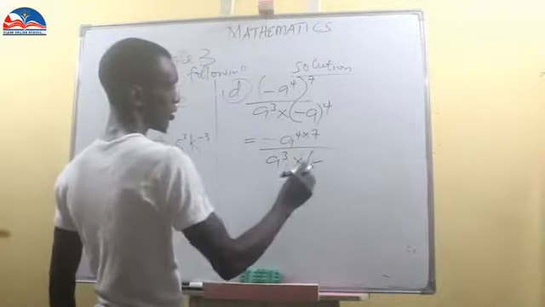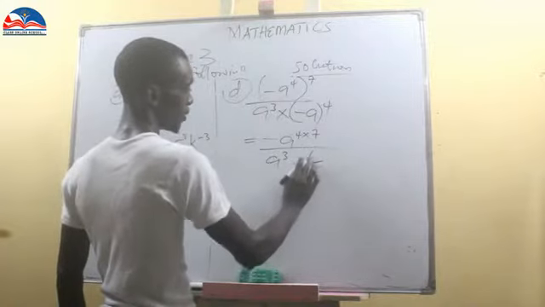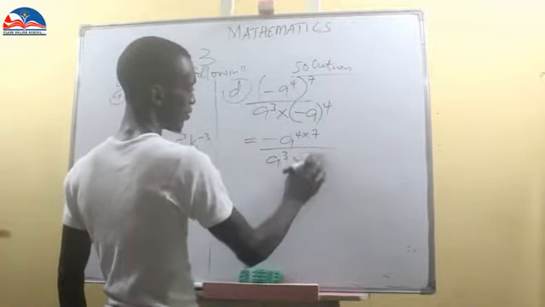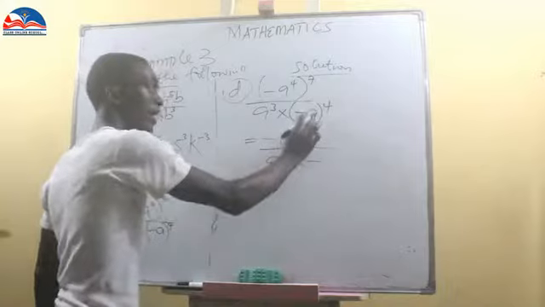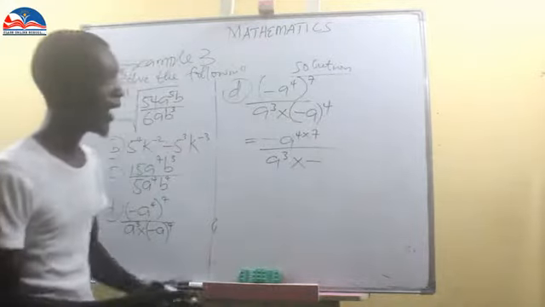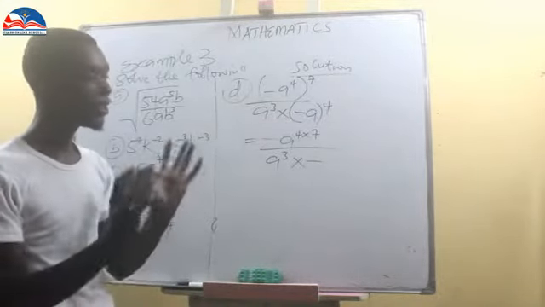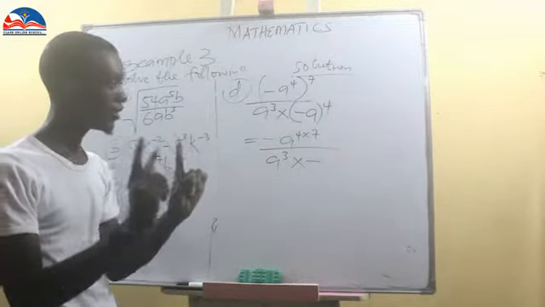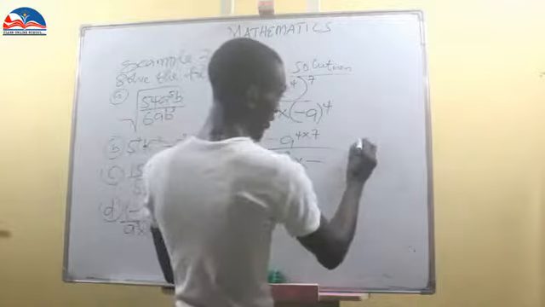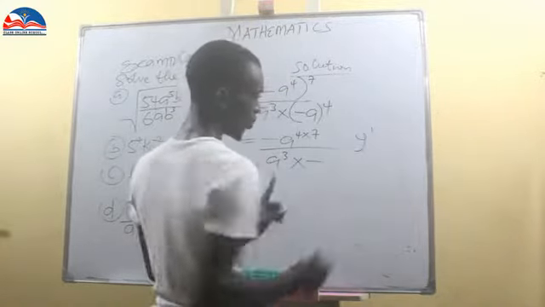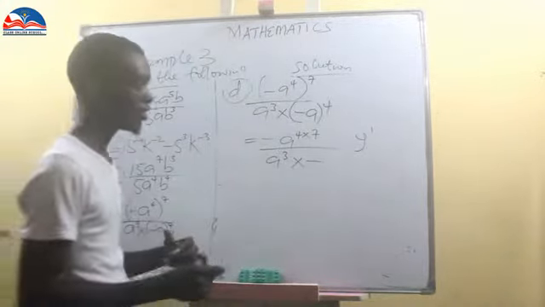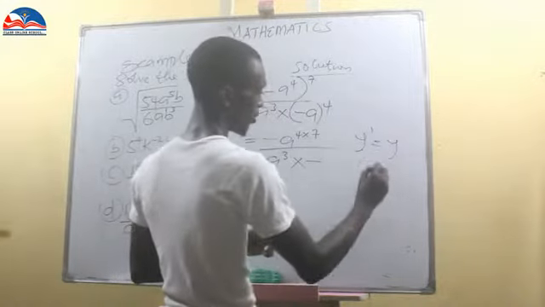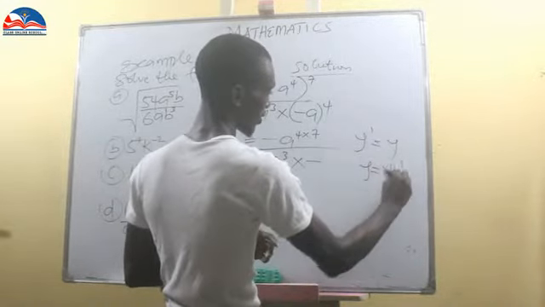minus A index. Now I told you that every number is indexed towards 1. If you have Y, it is the same thing as Y index 1.